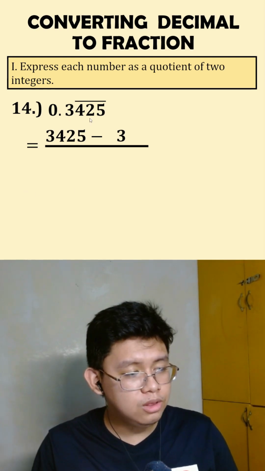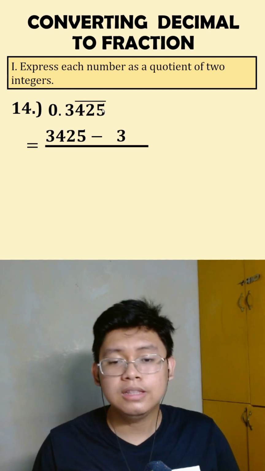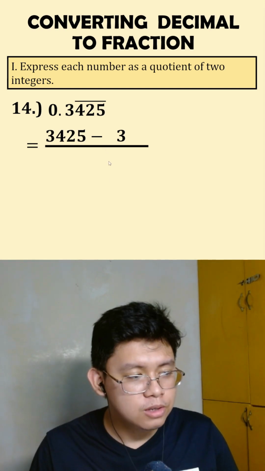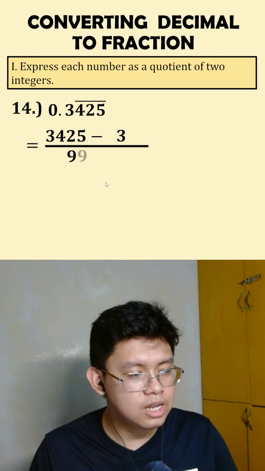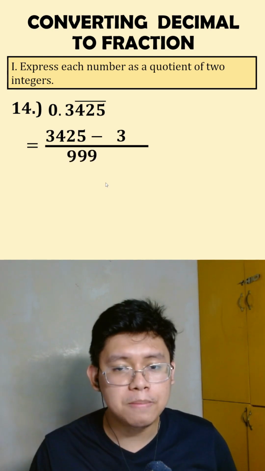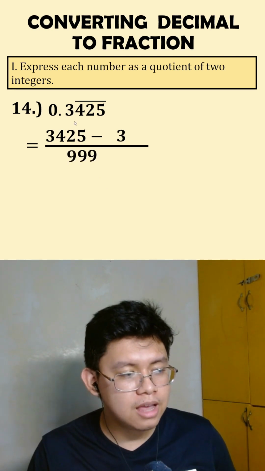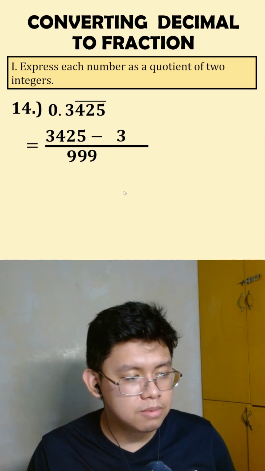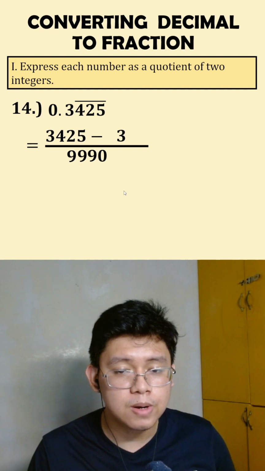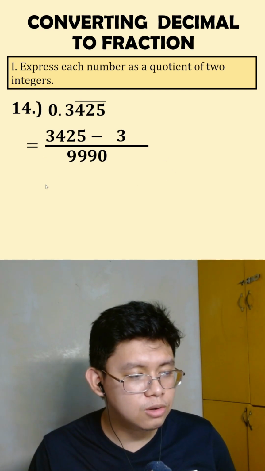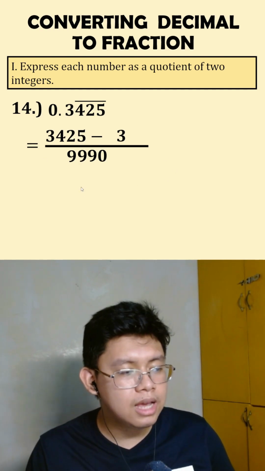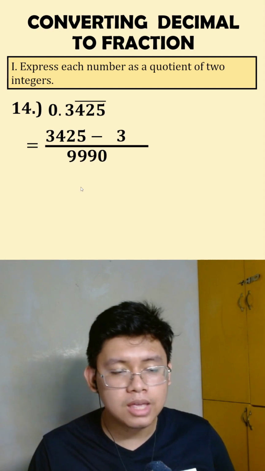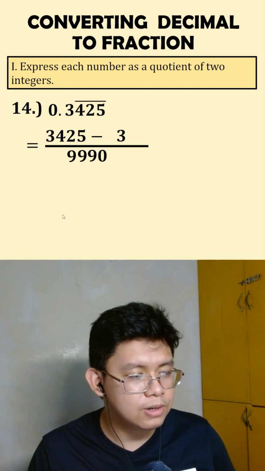So, 1, 2, 3. So, meron tayong tatlong repeating decimal. So, that will give us 3 nines in our denominator. Tapos, meron tayong isang non-repeating decimal. So, yung non-repeating decimal natin, that will be 0. So, our denominator will be 9,990.